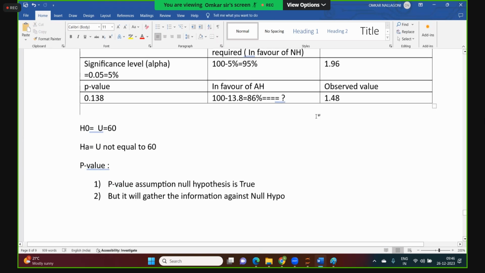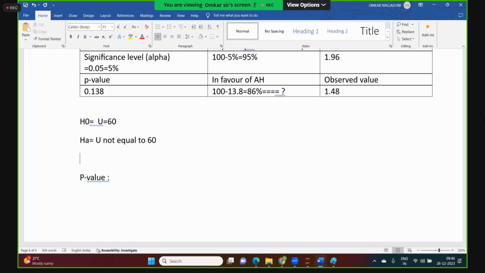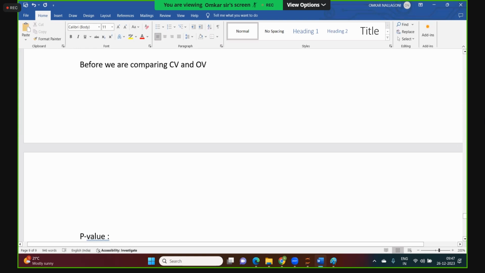Then we are comparing the critical value and the observed value, correct? If the observed value is falling in the rejection area, then you are rejecting. If it is not, then you are not rejecting. That is the observed value and the critical value.